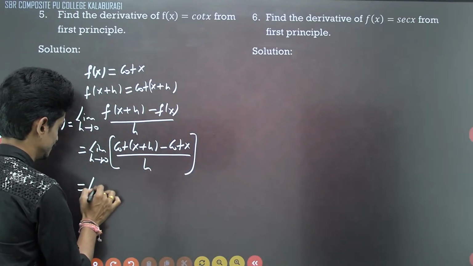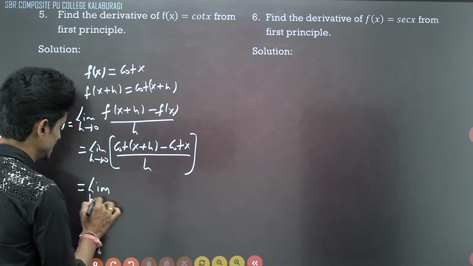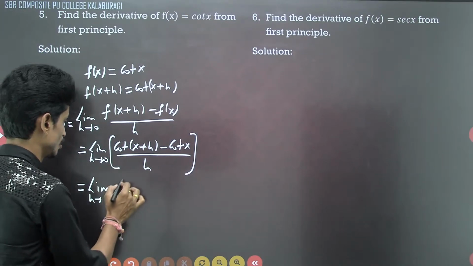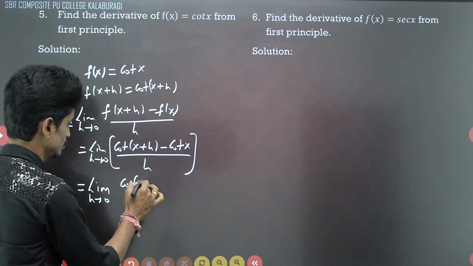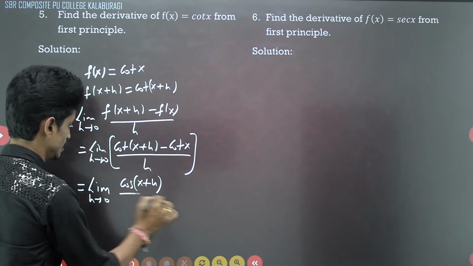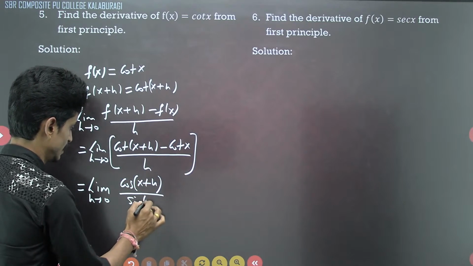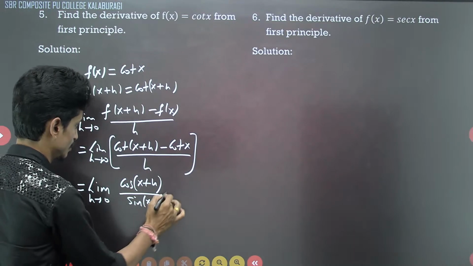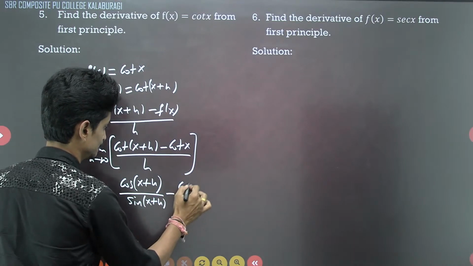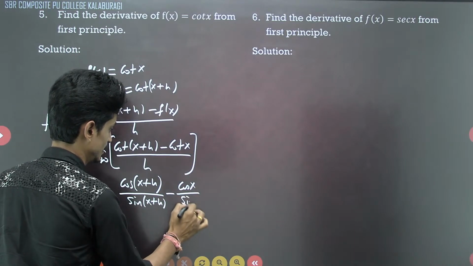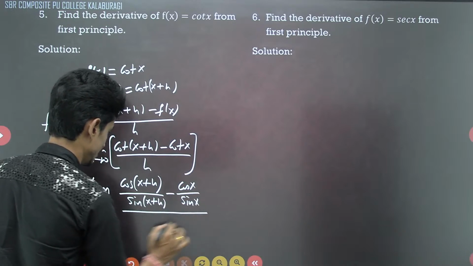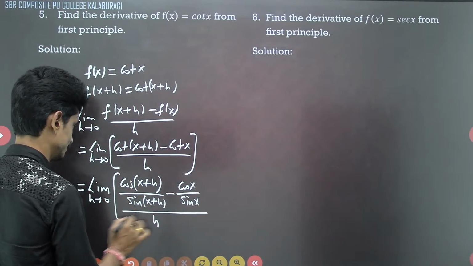What is that? Limit as h tending to 0. Cot is nothing but cos of x plus h divided by sin of x plus h minus cot x, which is cos x divided by sin x, whole divided by h.